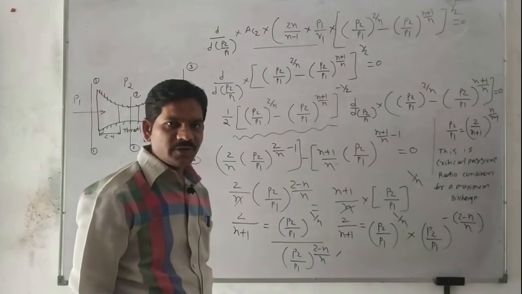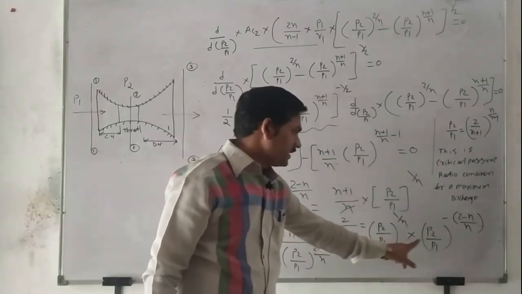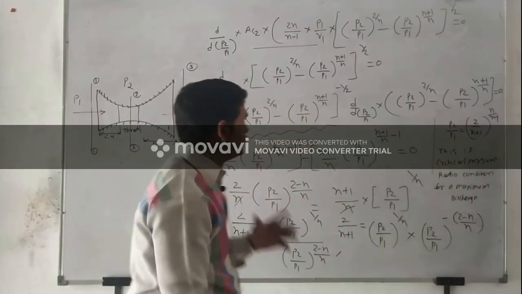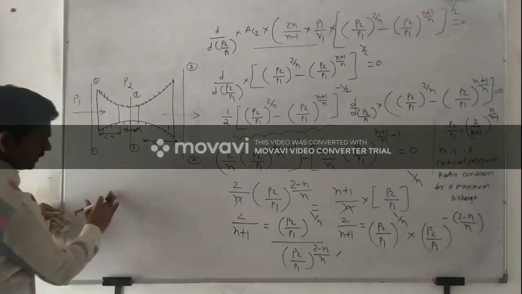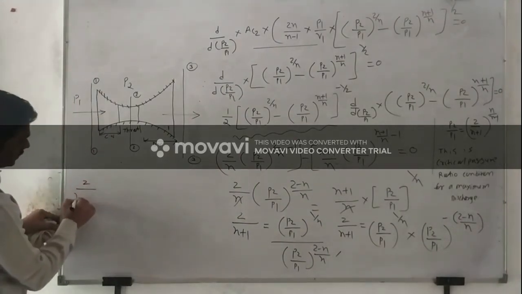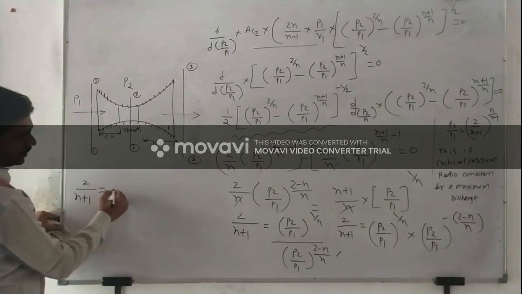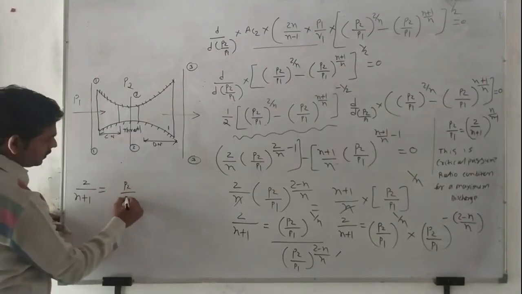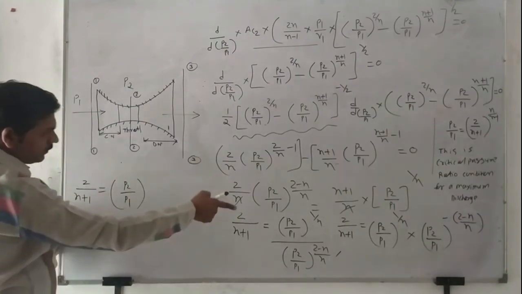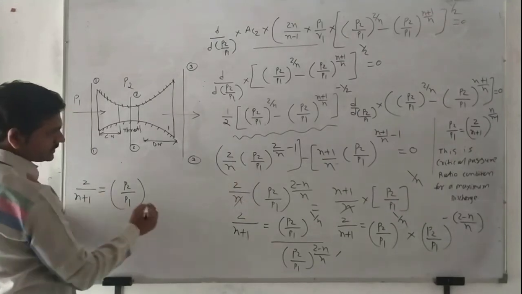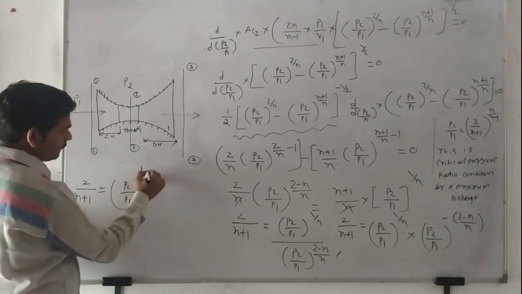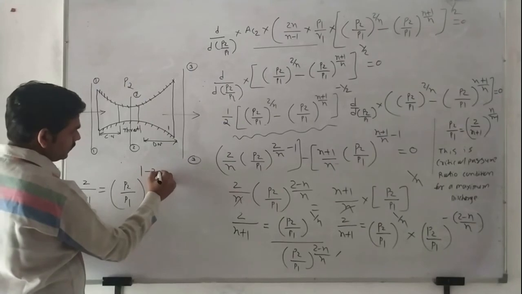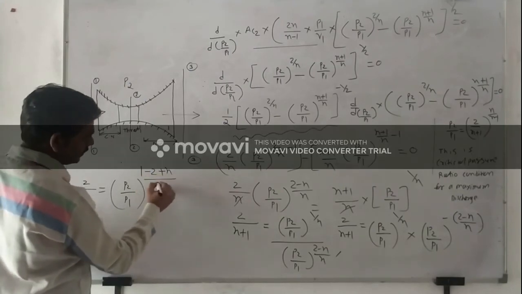Do you understand this one? Yes. Then once again the bases are the same, so you add the powers. So here I can solve: 2 upon n plus 1 is equal to P2 upon P1, the bases are the same, the power is added. So 1 minus 2 plus n upon n.